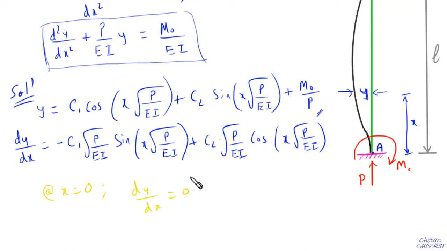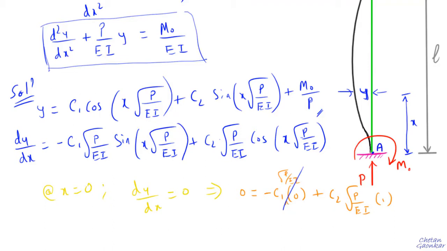So if I substitute x as 0 here, sine of 0 will be 0, so this term will be c1 multiplied by 0, plus c2 root of P divided by EI, and cos of 0 will be 1. Of course, here also there will be the term root of P divided by EI, but since this term is 0, nothing will matter here, and this entire term will be cancelled out.